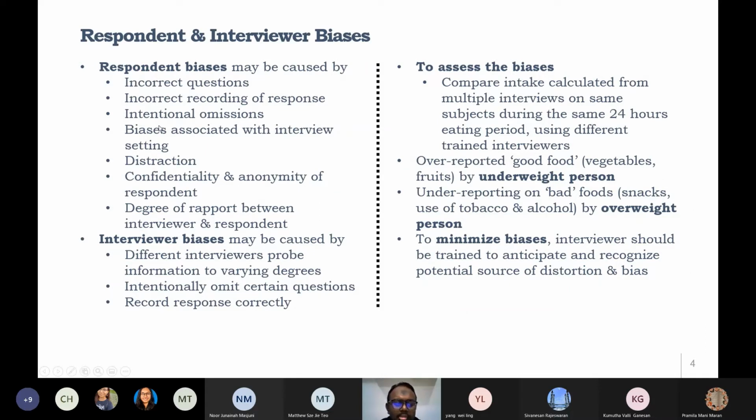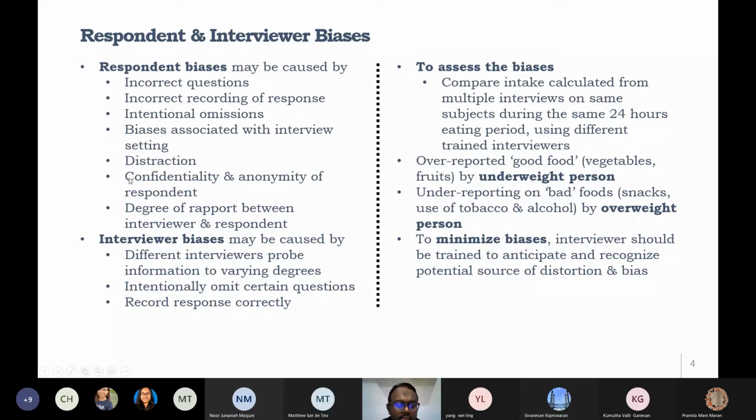There are also some biases because of intentional omission. They don't want to report certain types of foods or beverages. Biases associated with interview setting, whether the interview is done at home or at the clinic, at the office, might contribute to some bias.